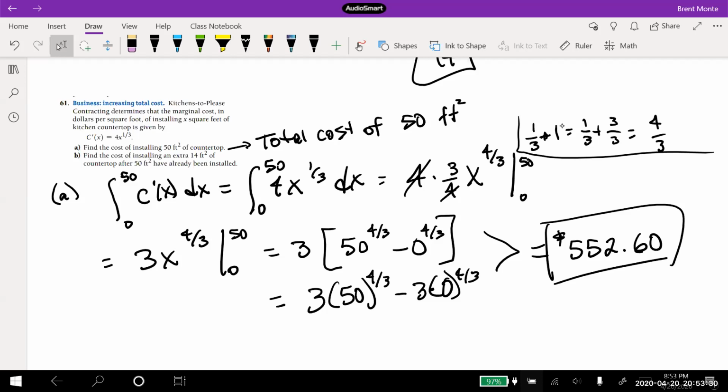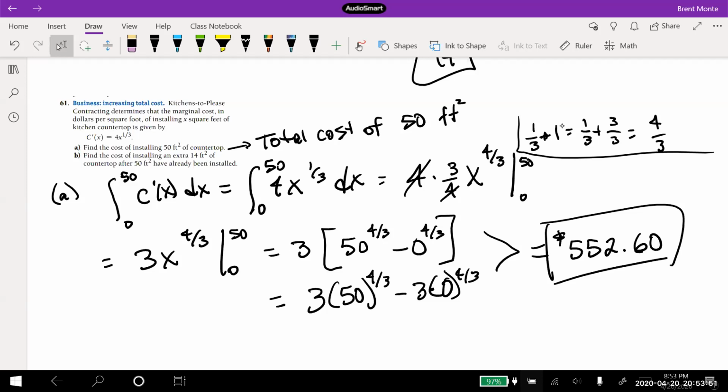Now mine is 0.6047, so I'm not supposed to round that 60 to a 61. I don't know if maybe they changed that in the new edition or not, but I know that's the right answer. So that's the total cost of installing 50 square feet.